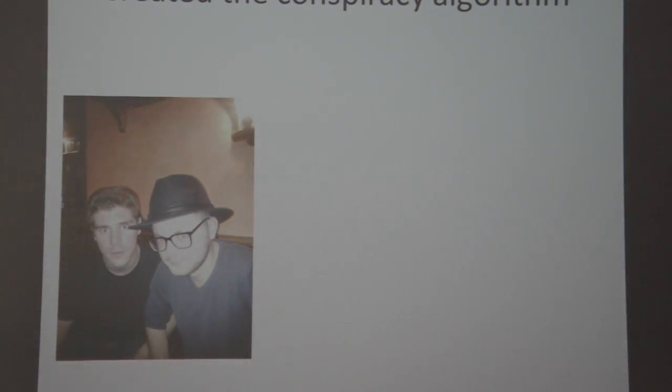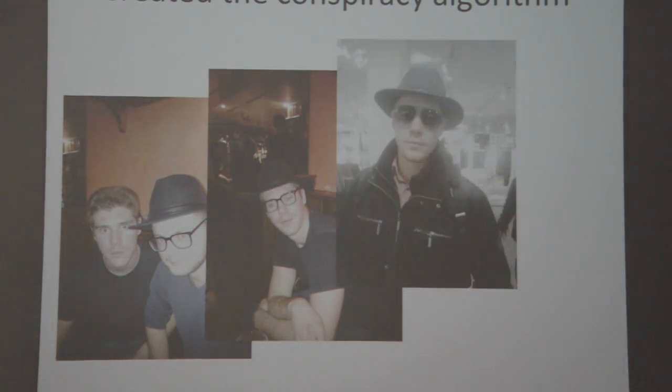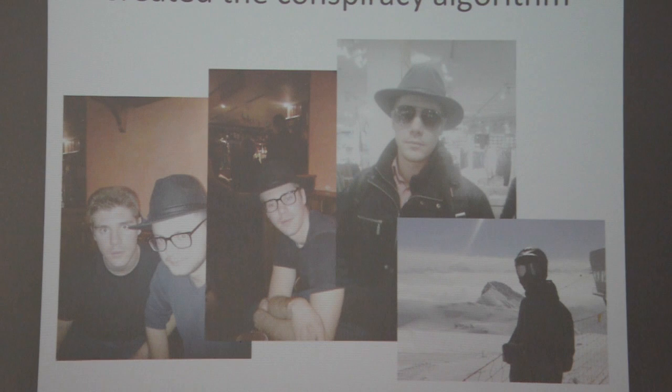Then he created the conspiracy algorithm. Look how it goes. First he observes what's going on around. Then he changes. Then he becomes even better. And then his last year, it's like this. And then, as you see, Alex trained a lot to give his talks.